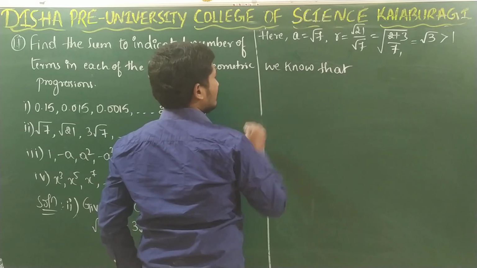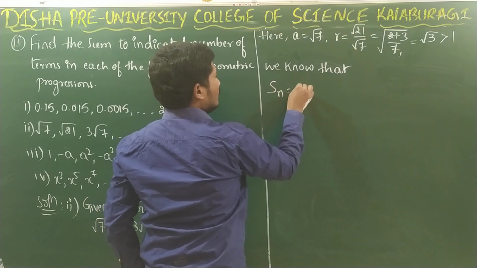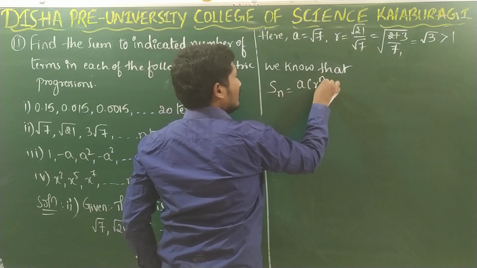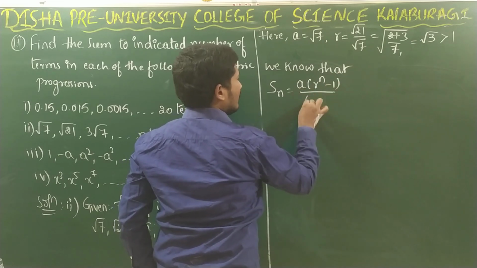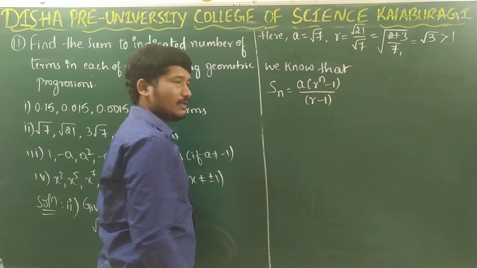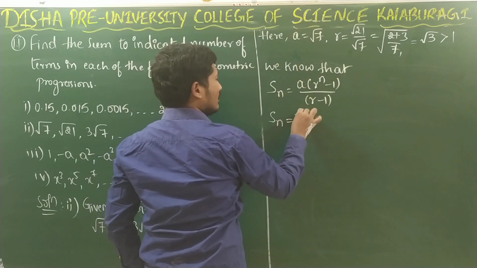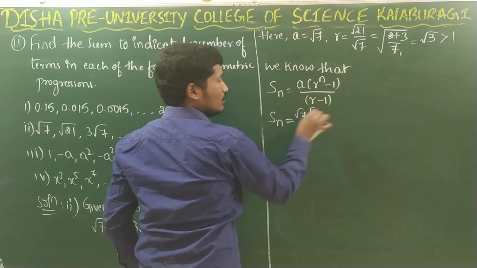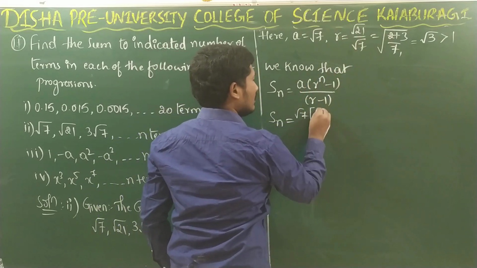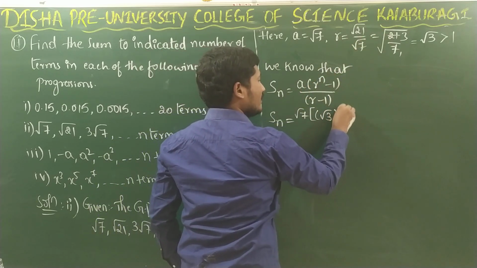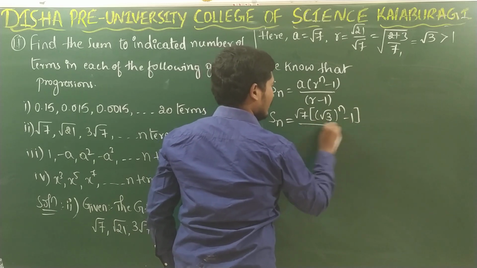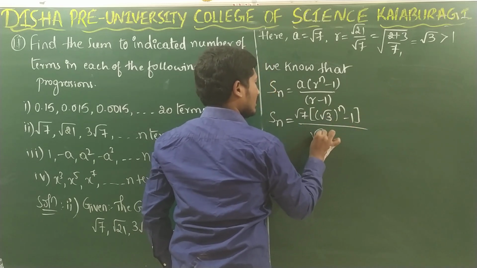We know that Sn is equal to a into r power n minus 1 divided by r minus 1. So Sn is equal to, we know the value for a, it is root 7, into, we know the value for r, it is root 3, whole power n minus 1 divided by root 3 minus 1.